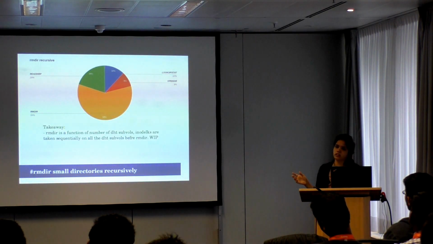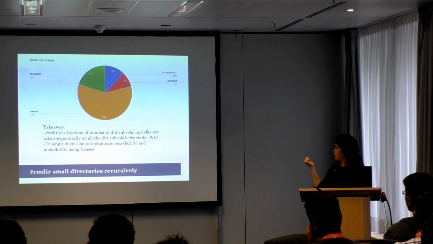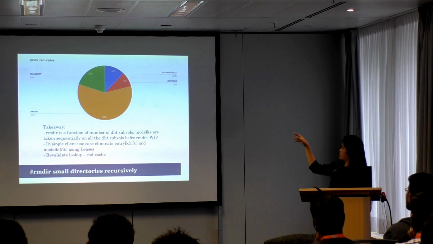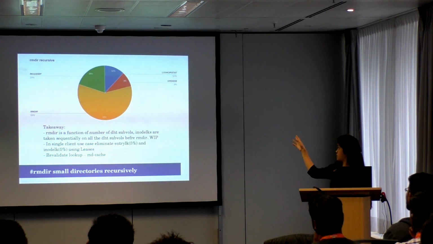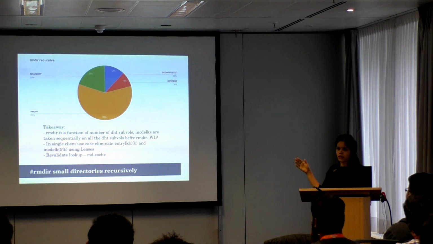Currently it is a function of the number of DHT subvolumes. In single client use case, we can eliminate the entry LKs and the inode LKs. Revalidate lookups are quite a few. We don't have negative lookups in this case, but we still have 12% of the lookup, which can be eliminated if DHT is modified and md-cache is made to cache longer.